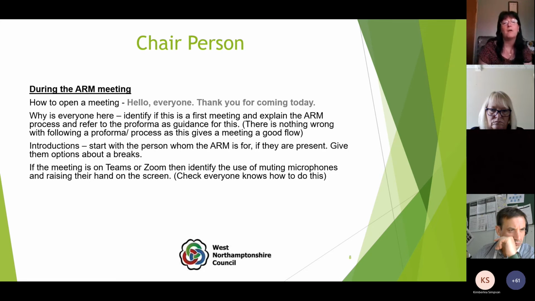On previous ARM training we encouraged that people are present, but we know that's not always possible, so it is really important to start with them. It is also important to give them options about breaks and the ability to leave if they need to. So as a chair, that's always a good place to start when you're doing the ARM.